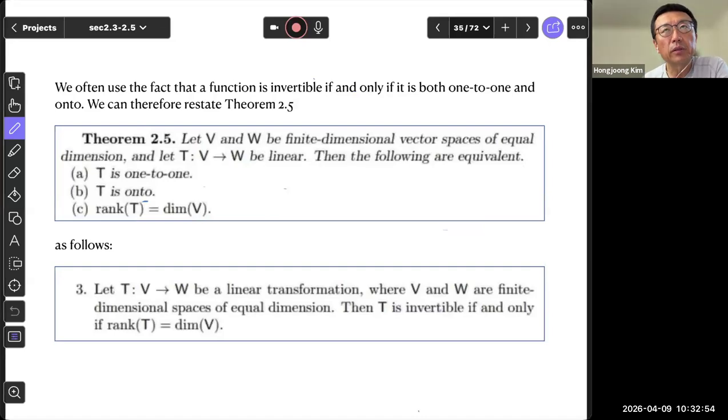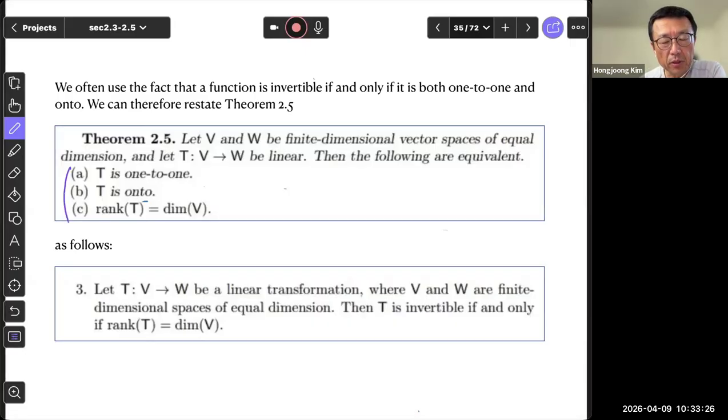We learned in other courses that your mapping is invertible if and only if the mapping is one to one and onto. Now theorem 2.5 shows the equivalence of these three statements.